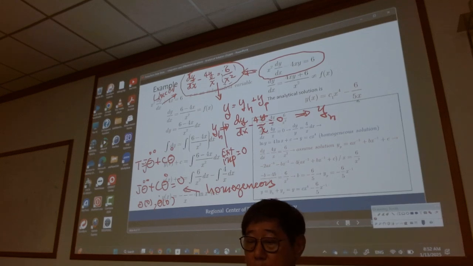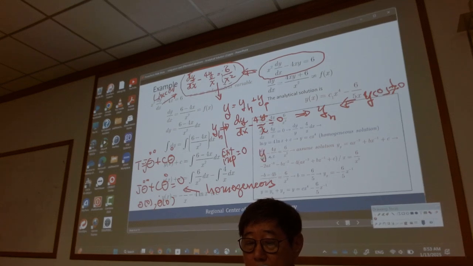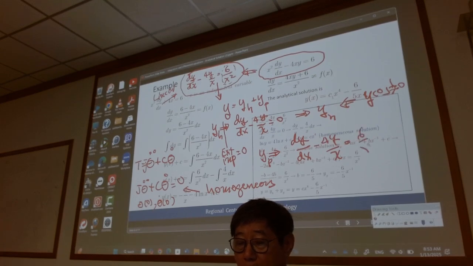For this one, you have to make sure y0 is not equal to 0, okay, you have the initial condition. The particular solution is the solution of dy/dx minus 4y/x equal to 6 over x squared, but in this case the initial condition is 0.